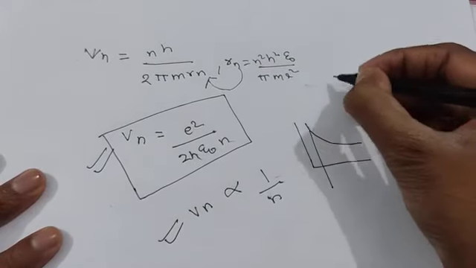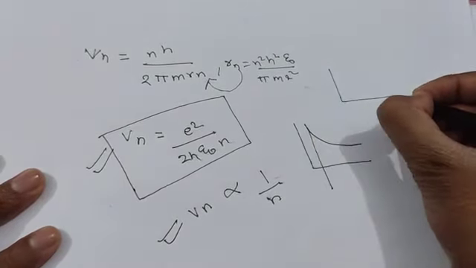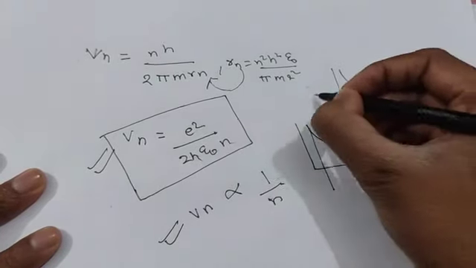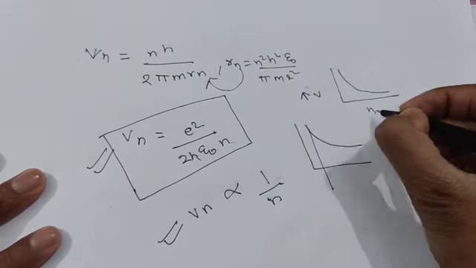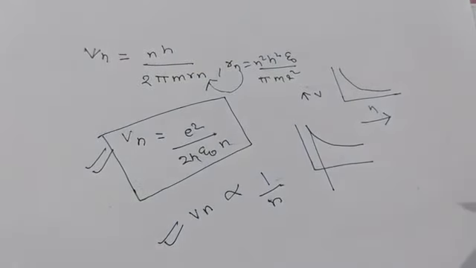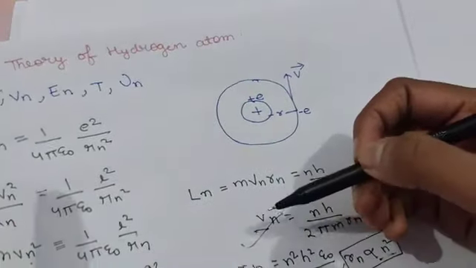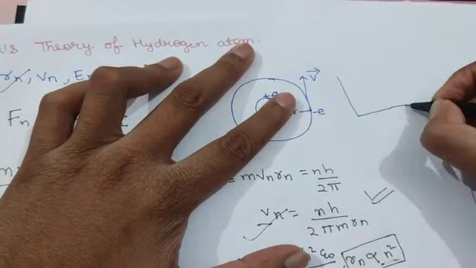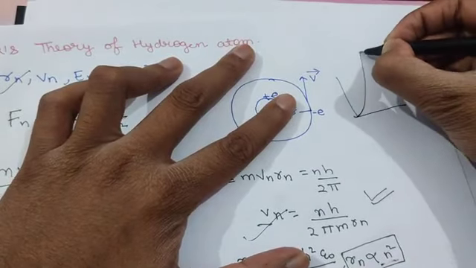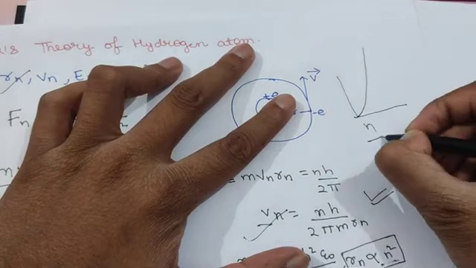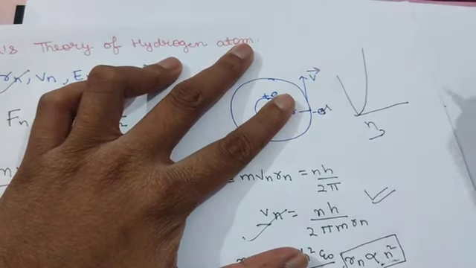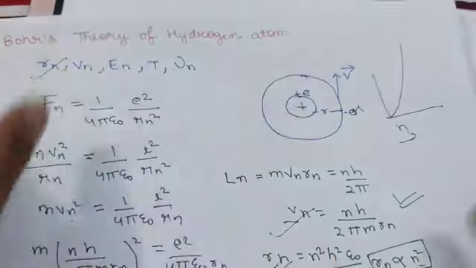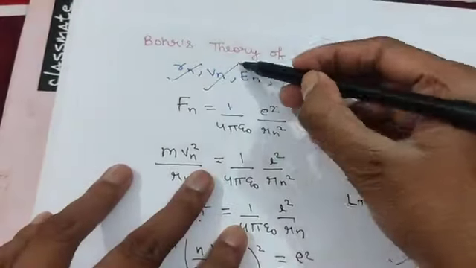This is not exactly accurate, but this is the kind of graph, with v and n. From the previous graph, we should know the rn and n graph, with n here and r here. So we have already found rn and vn.